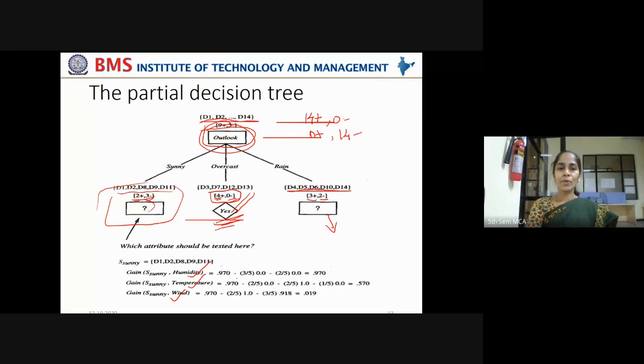Now, at this node, you have to calculate the information gain for humidity, temperature, and wind. How is it calculated? Whenever the outlook value is sunny, what is the entropy with humidity? Again, you have to calculate how many of them have normal humidity and how many of them have high humidity.